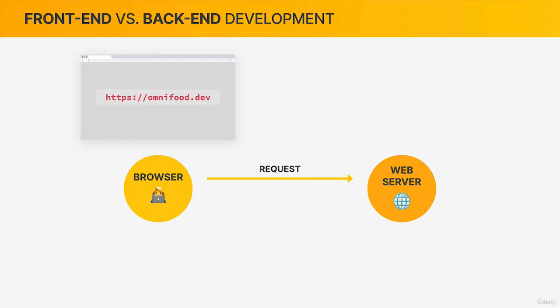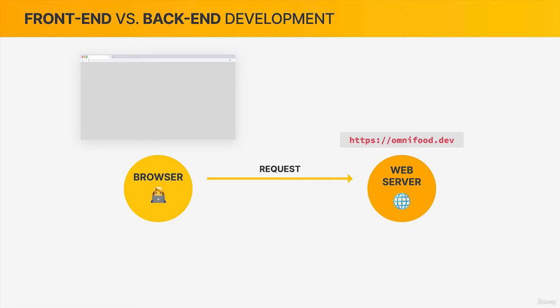So each and every website is stored on something called a server, which is basically a computer that is connected to the internet and is able to receive requests like this one. So again, when we browse to a certain website, our web browser will send a request to the server where the website is stored, so where it is hosted.